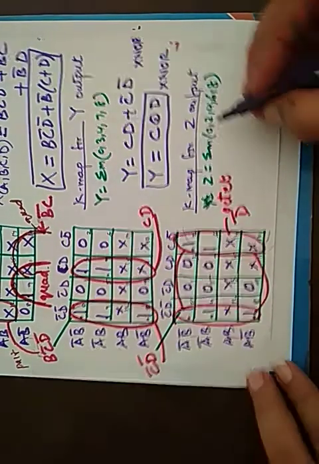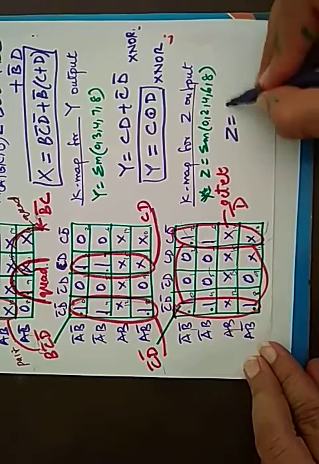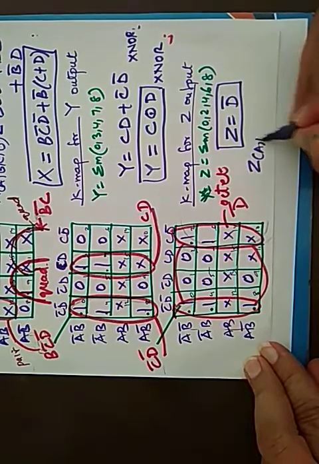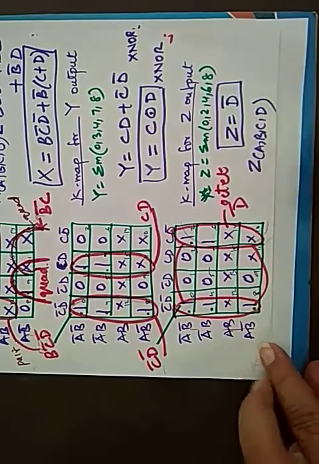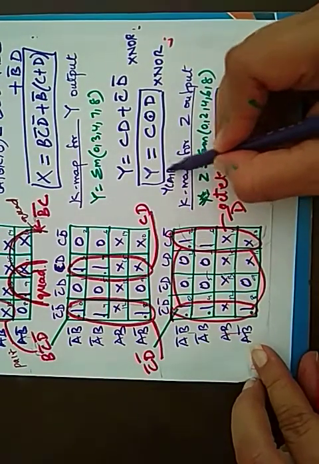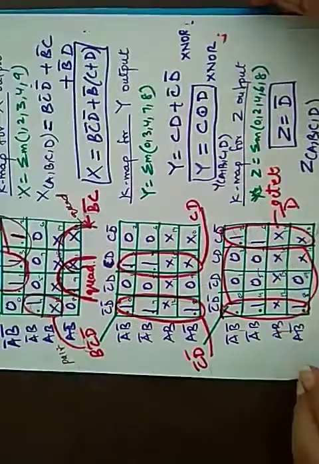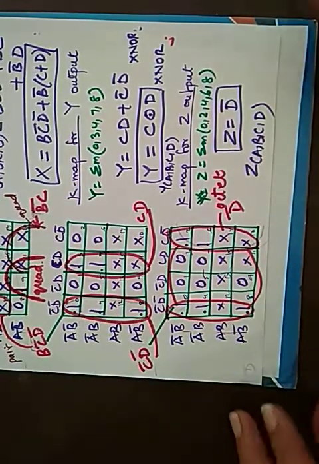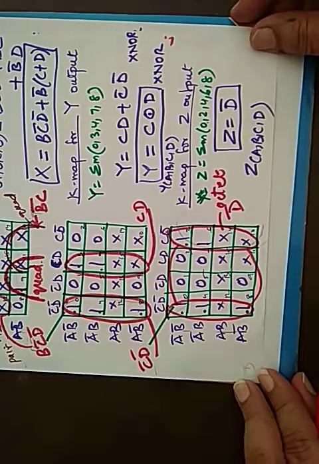So our Z function solves as Z is equal to D bar, where Z is a function of A, B, C, D. Here too, Y was a function of A, B, C, D. Similarly for X. So this is the major step of solving the 4 K-maps.